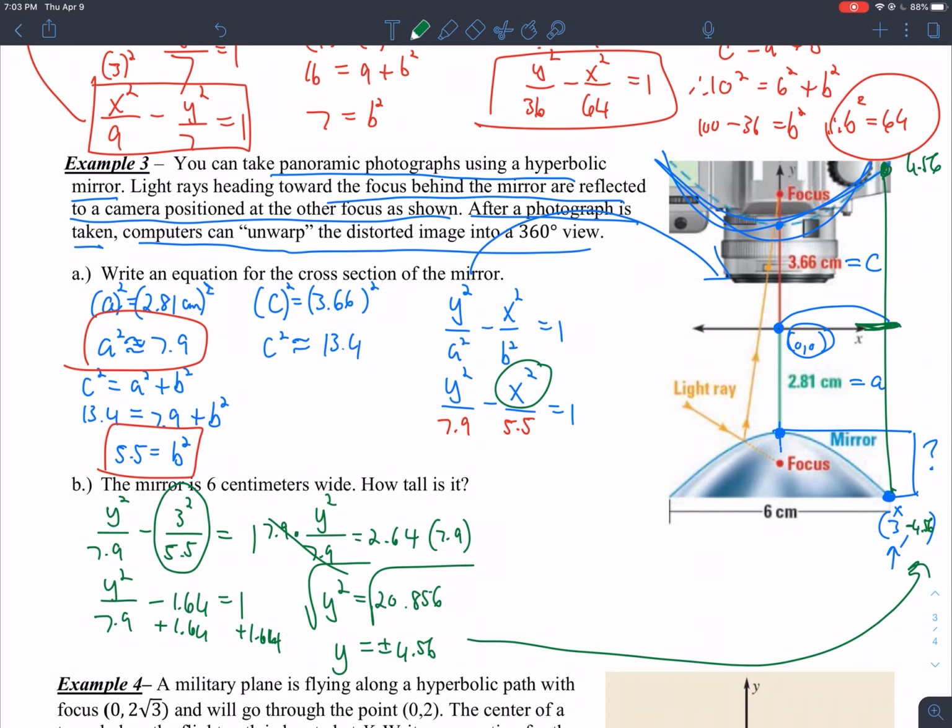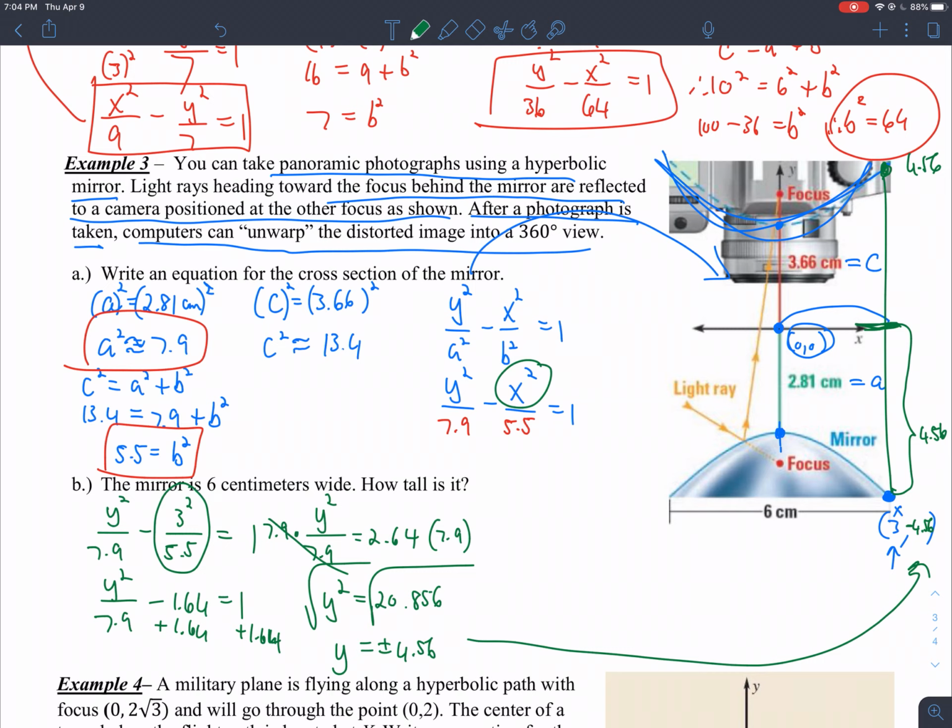So what does that mean, minus 4.56? It simply means that the total distance from here to this point is 4.56. The y-coordinate is negative 4.56 because it's the negative y-axis, but the distance is 4.56.